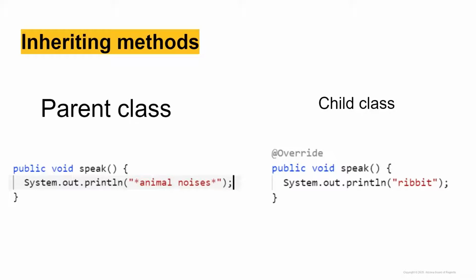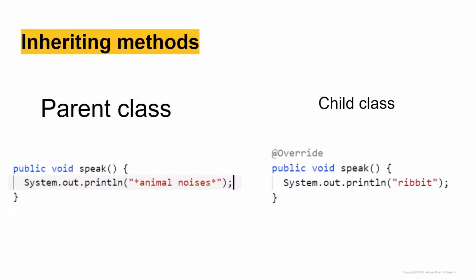Super generic, right? Because not all animals make the same noises, but in the animal class, that's about the best we can do. We know that it's going to be some kind of animal noise. So we're just printing that out. Again, these are just kind of dumb little examples. You'll do things much more interesting and important, but this is just to see how this works.